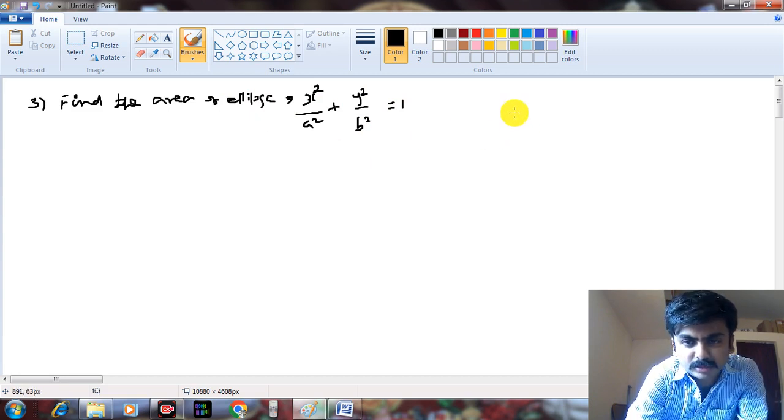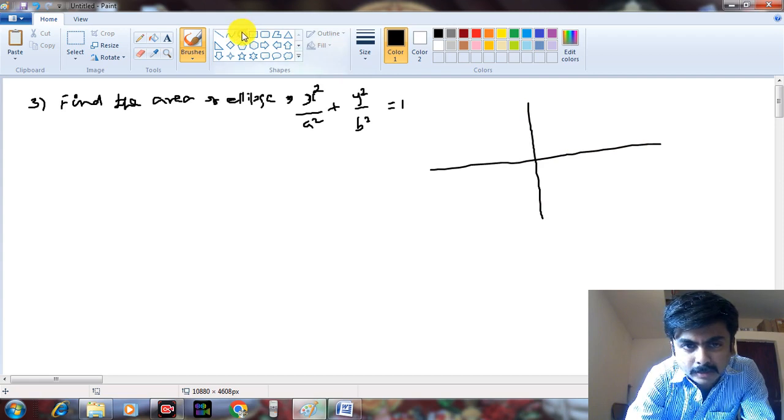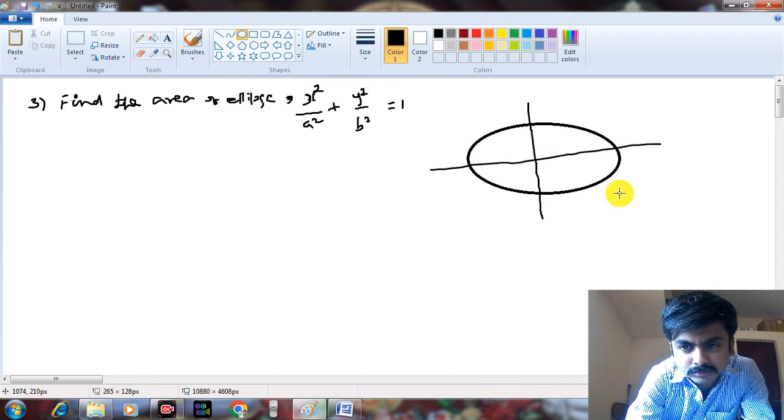First of all, we know how to draw the ellipse. So I am taking two axis lines, and with these axes I am drawing an ellipse.